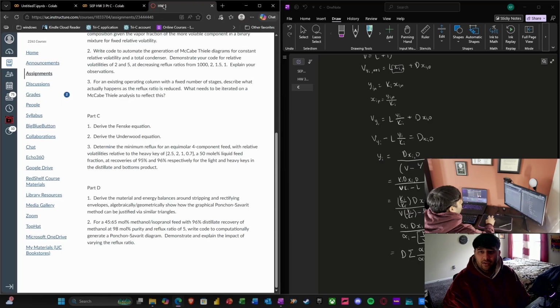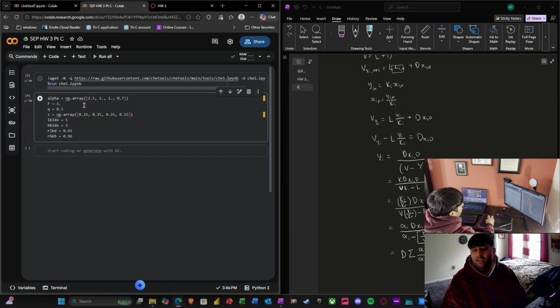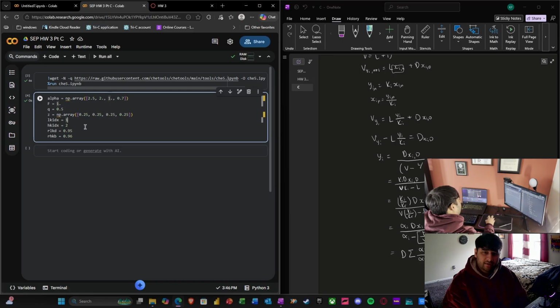And since this is a 4-component feed, which is equimolar, we have our Z variable defined as an array where we have it set as 0.25 throughout because we have an equimolar 4-component stream.